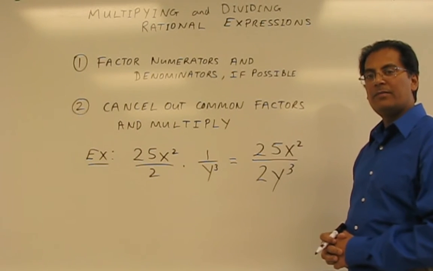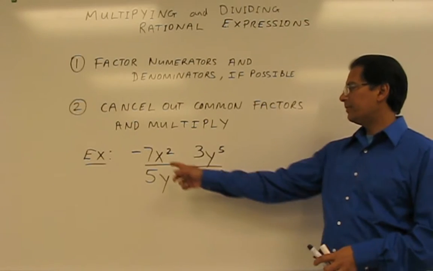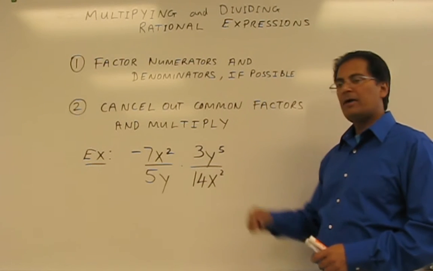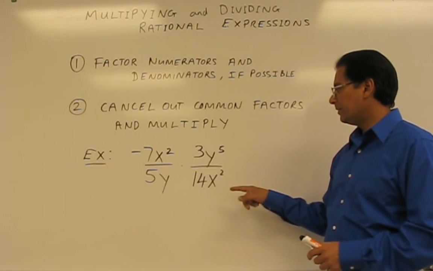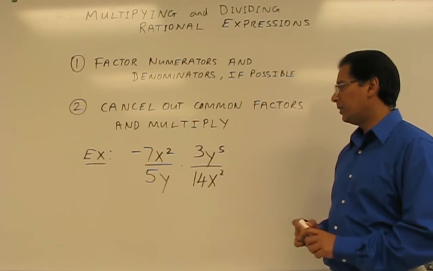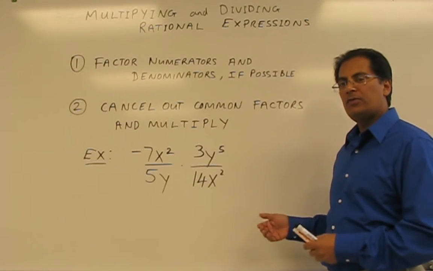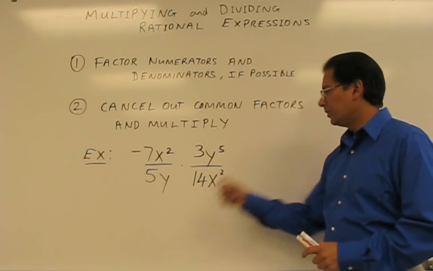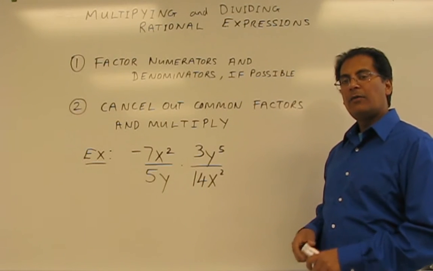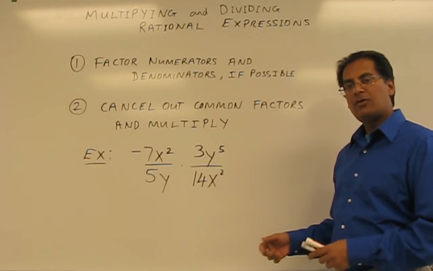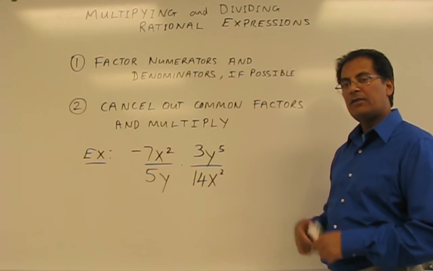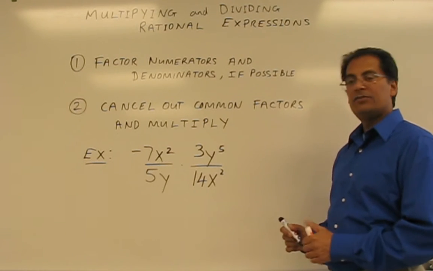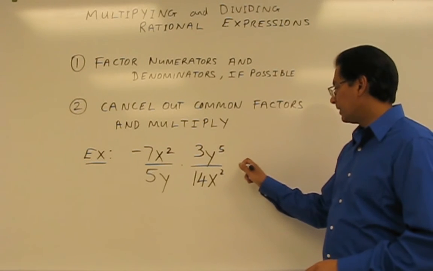Let's take another example. Here we're asked to multiply negative 7x squared divided by 5y times 3y to the fifth over 14x squared. There's several ways to approach this product. I'm seeing common terms, both top and bottom. Now we can multiply first and then cancel out the common terms, or we can cancel them out first. In this particular example, let's just multiply.